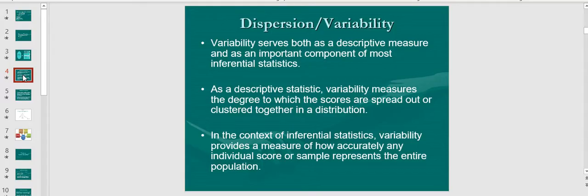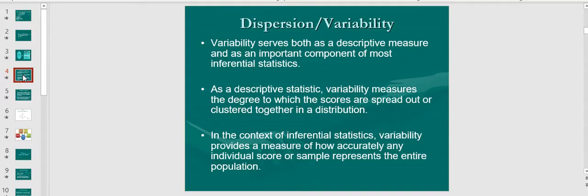If the sample drawn from the population has some differences in the scores of the individuals, then there will be small variability, and it will still be a representative sample of the population.